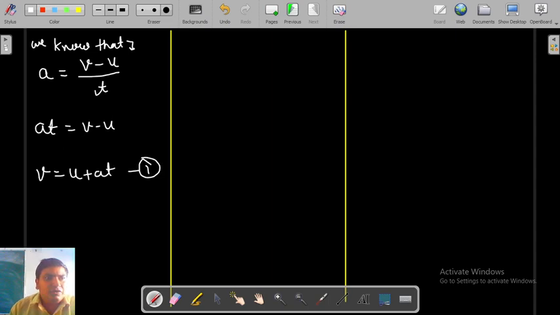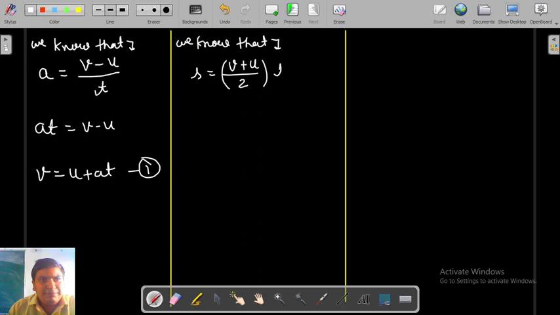Now for the second equation, we know that displacement s is average velocity times time. Average velocity means sum of final and initial upon 2, into time.